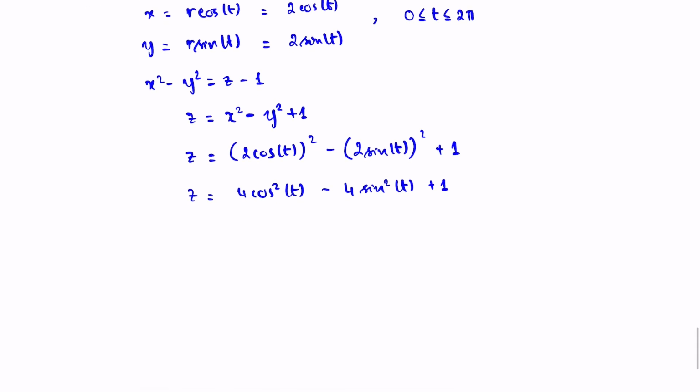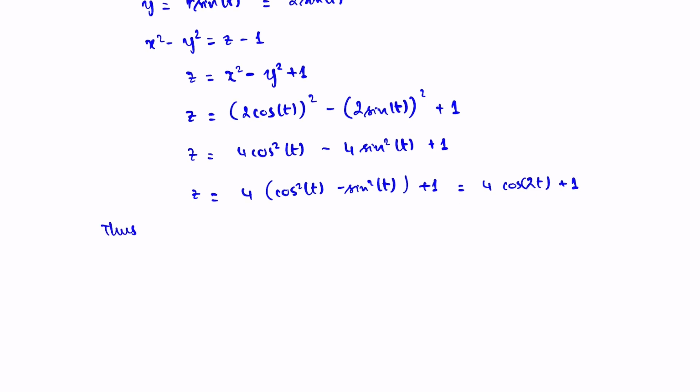If you notice, 4 is a common factor between these two terms, and you get 4 times (cosine squared of t minus sine squared of t) plus 1. The expression inside the parentheses is a trigonometric identity, and it gives you cosine of 2t, so this is 4 times cosine of 2t plus 1.